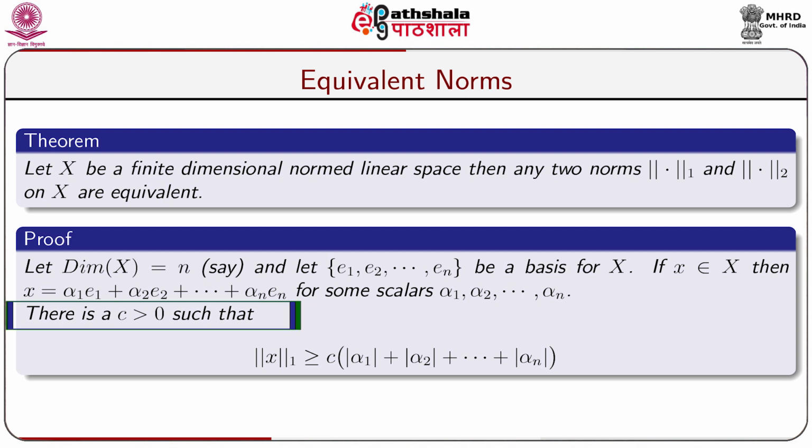So, there is a constant c greater than 0 such that norm of x under norm 1 is greater or equal to c times modulus of alpha 1 plus modulus of alpha 2 plus ... plus modulus of alpha n. This result comes from a lemma already discussed.